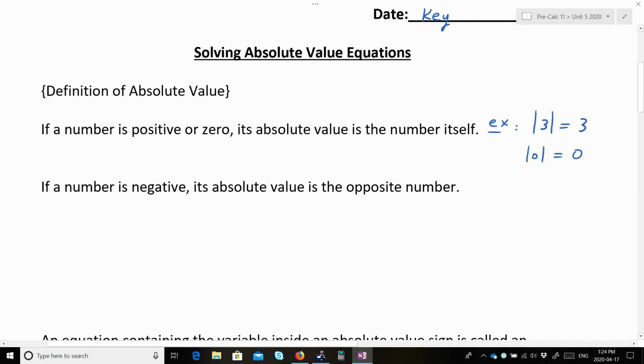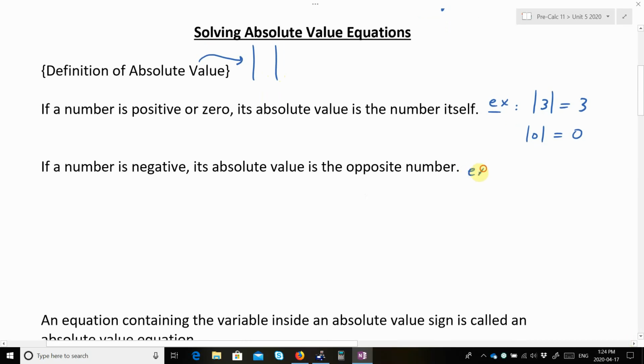Okay, and of course, absolute value is depicted by those vertical bars, like this. If a number is negative, its absolute value is the opposite number. So, for example, the absolute value of negative 2 is just 2. Okay, so basically, a positive comes out of an absolute value.